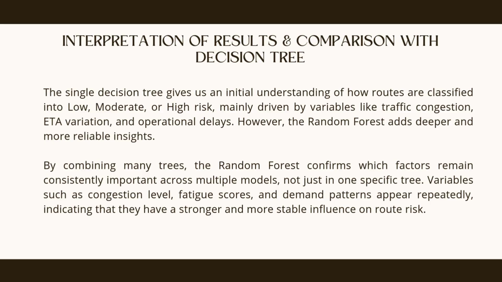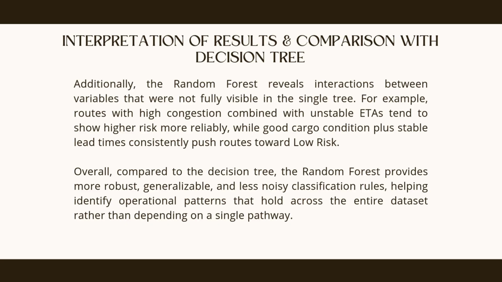When we compare the single decision tree with the random forest, the tree gives us an initial, very interpretable view of how routes are classified into low, medium, and high risk. However, the random forest goes a step further by telling us which of those factors remain important across many different trees.